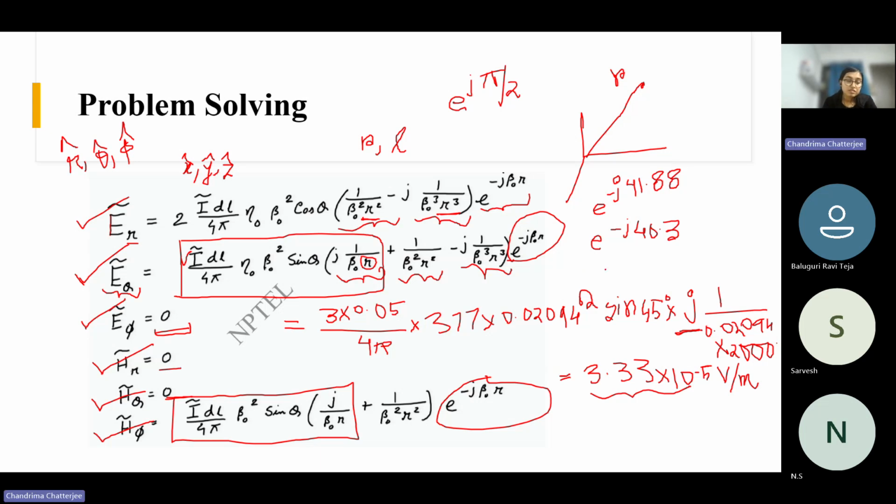And if you see the angle, some 2309.4... first you convert it to degree.